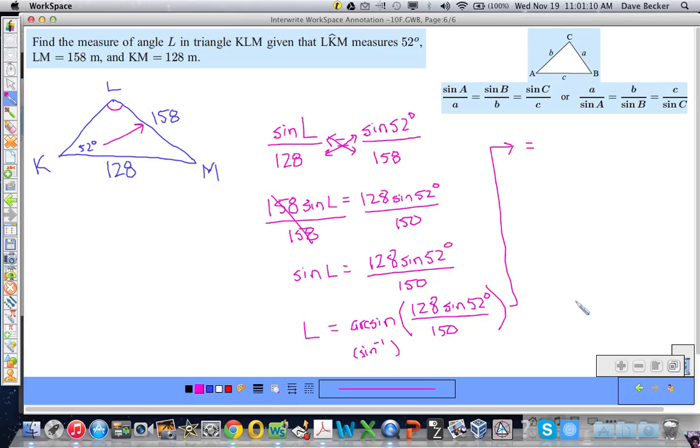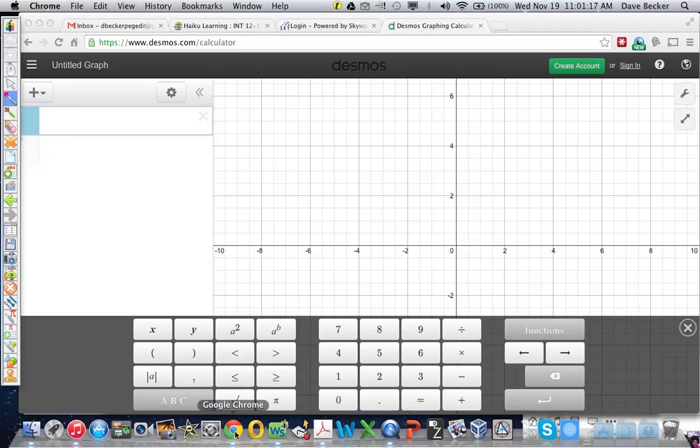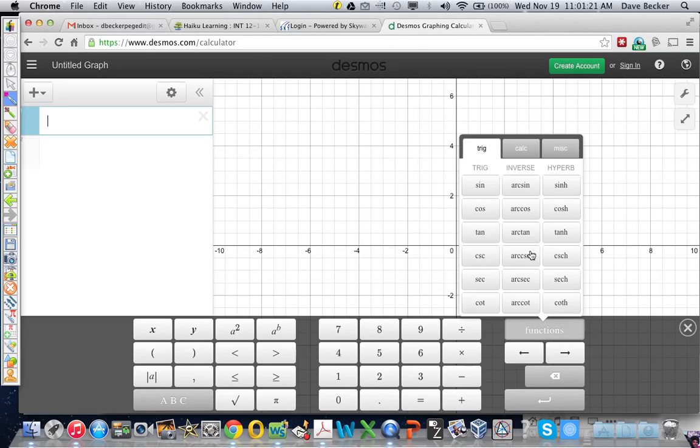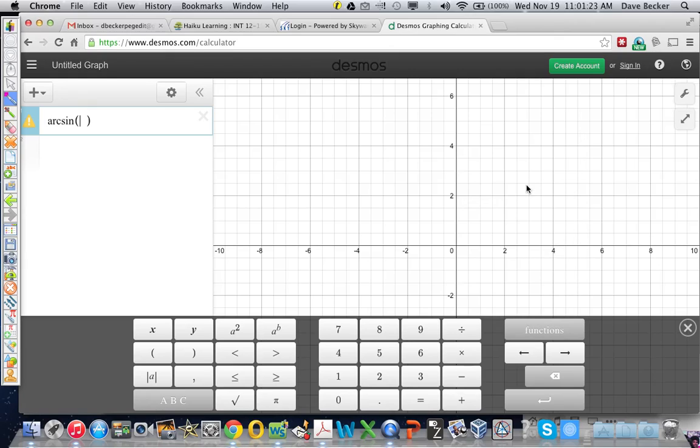Hold on one second. 128, 52 degrees, 158. Just so I don't have to go back and forth. So I'm going to go to Desmos. I need arc sine. Okay, and I'm going to have a fraction. So I'm going to put this first part in parentheses, and that's 128 times the sine of 52 degrees. Okay, so I'm going to divide that by 158.